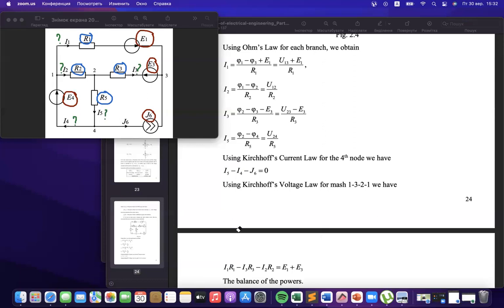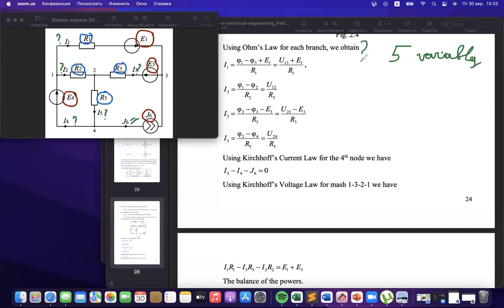First of all, this current will equal the source because it is a current source. It will be a defined variable, but all the others we have to find. We have 5 unknown currents, 5 variables that we have to find.